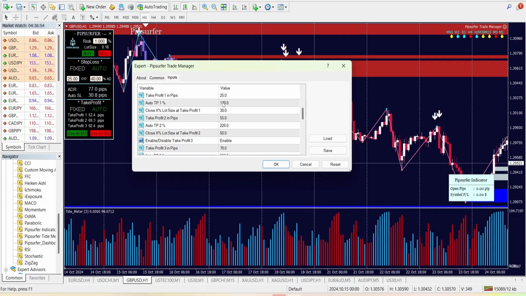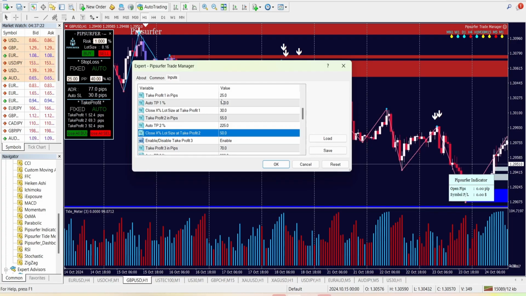So if that's my first take profit and I do 170, it's going to do 170% of whatever stop loss I pick. So that's what gives you that number. The take profit 2, it'll do 225%. You can change it to whatever you want. It's just defaults that work for me. So it'll go based off of what you set here, based off of fixed or auto.